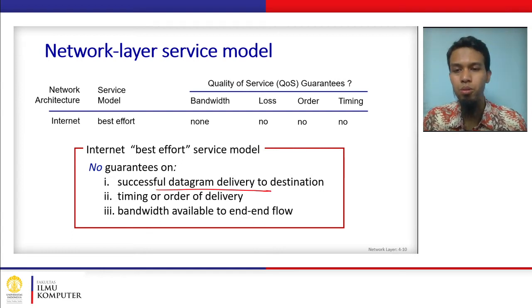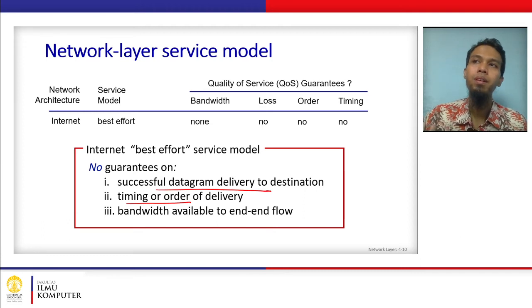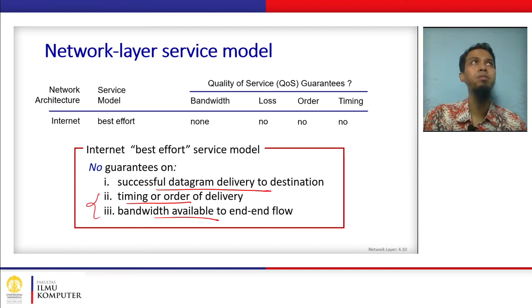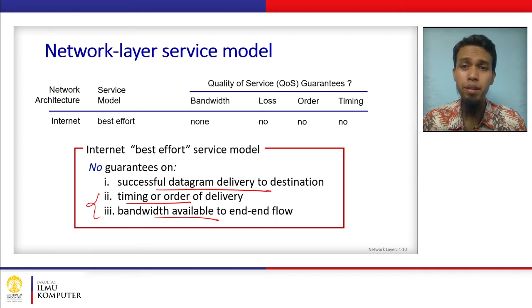There is also no guarantee on timing or order of delivery, so there is no delay requirement, no guarantee on minimum delay, and no guarantee on the bandwidth available. These two types of requirements are very much needed for multimedia applications like video streaming and so on.